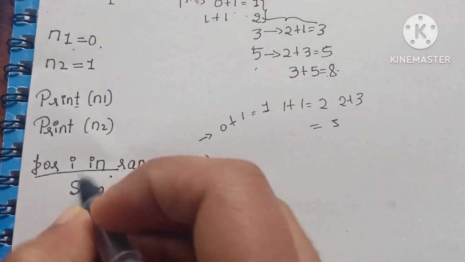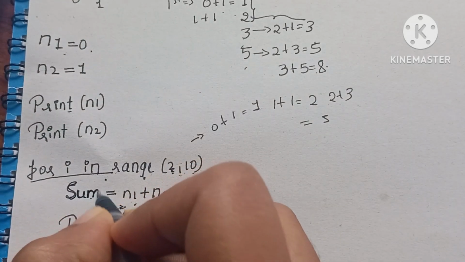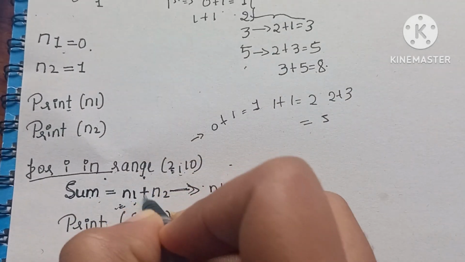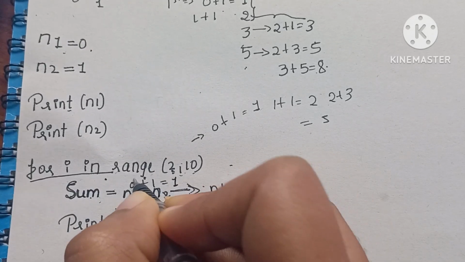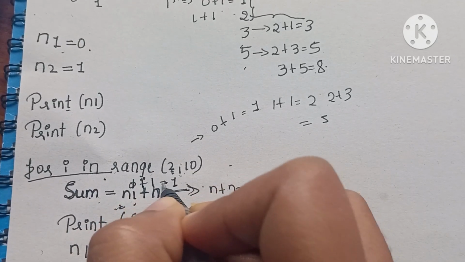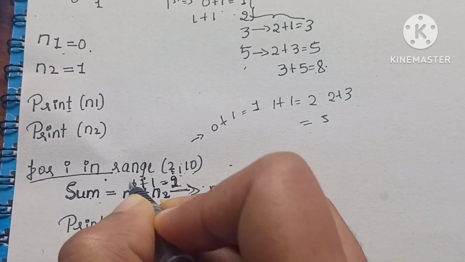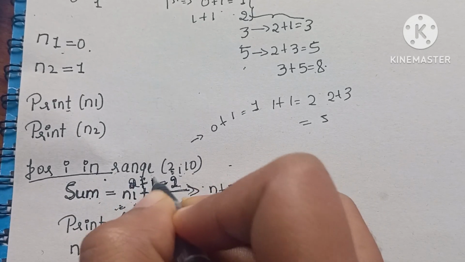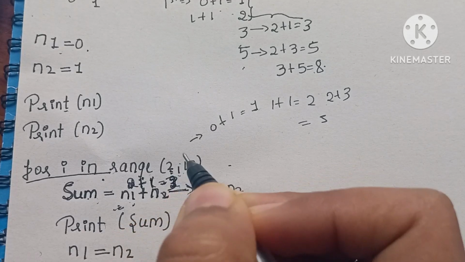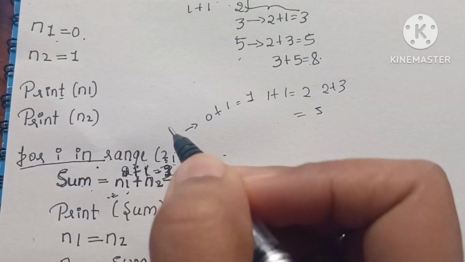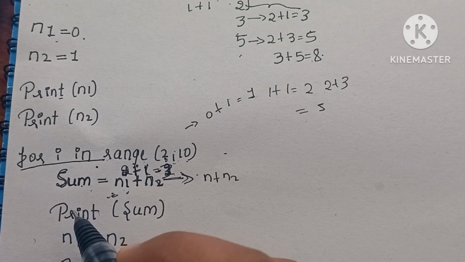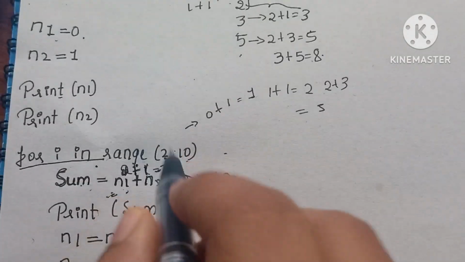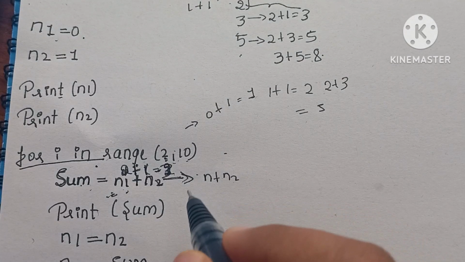So sum equal to n1 plus n2, means you add 0 plus 1, then you get 1. Again you add 1 plus 1, again you get 2. Like this only you need to do. 2 plus 1, 3. So this is called sum, and after this I will print sum. So these are the next Fibonacci numbers.